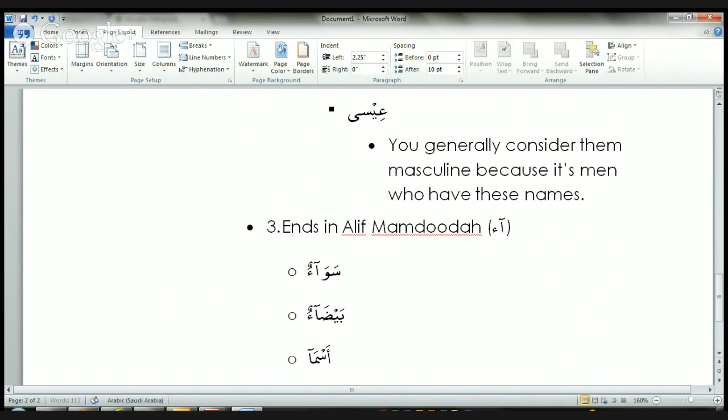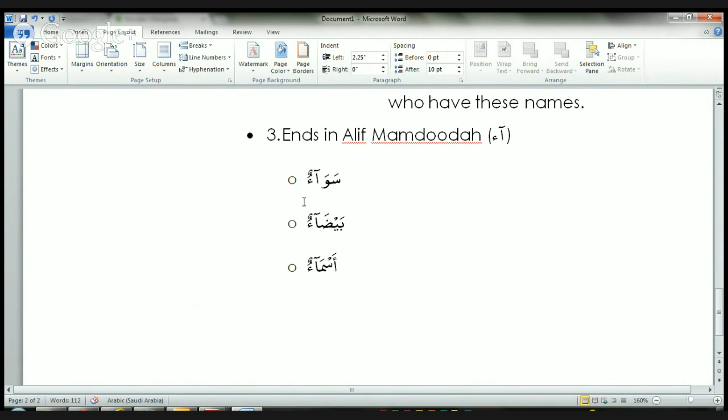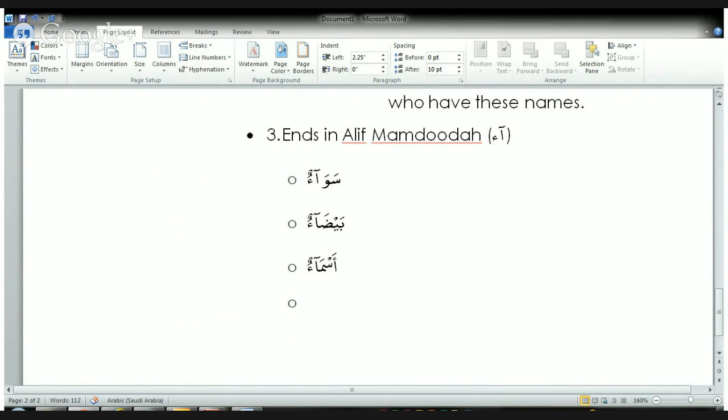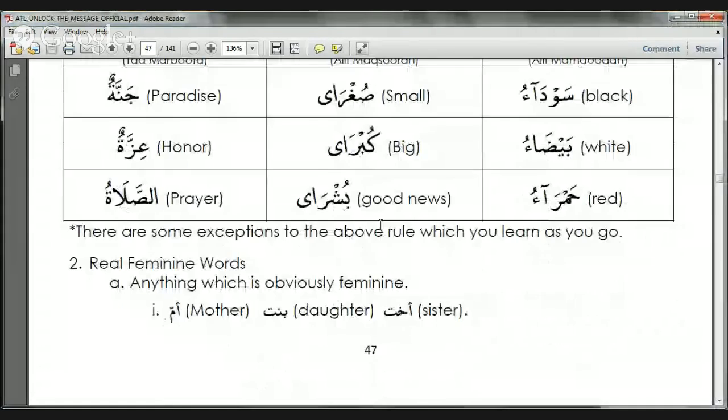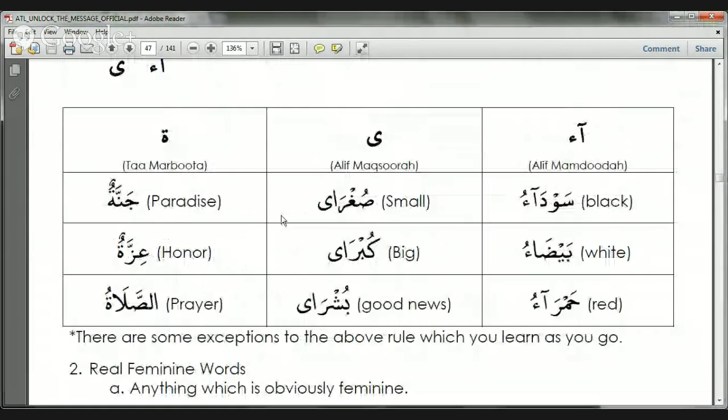Okay. There you go, Asma. You have it in your book here. So there are some exceptions to the above rule, but we're not going to get into it right now for time's sake, and they're not that relevant to you.